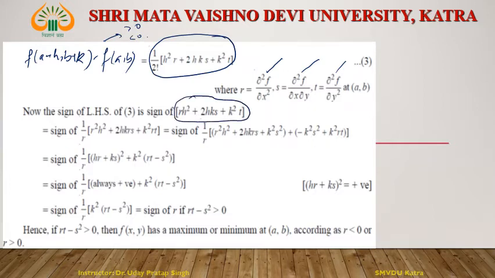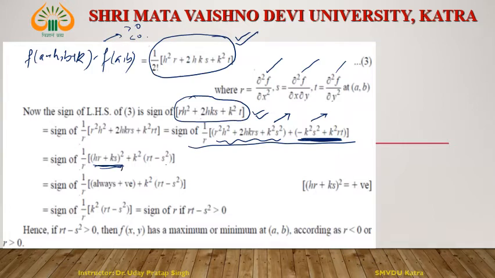The sign of this term depends on this term. Multiplied by r and dividing by r, we want to simplify this term. We have added k square s square and subtracted this. Then this is equal to rh plus ks whole square, and this term is equal to k square times rt minus s square.